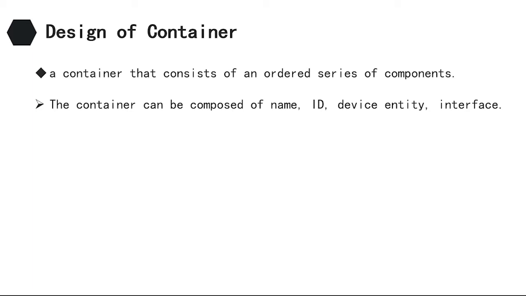And then it's the design of a container. A container consists of an ordered series of components. The container can be composed of name, ID, device entity, and interface.